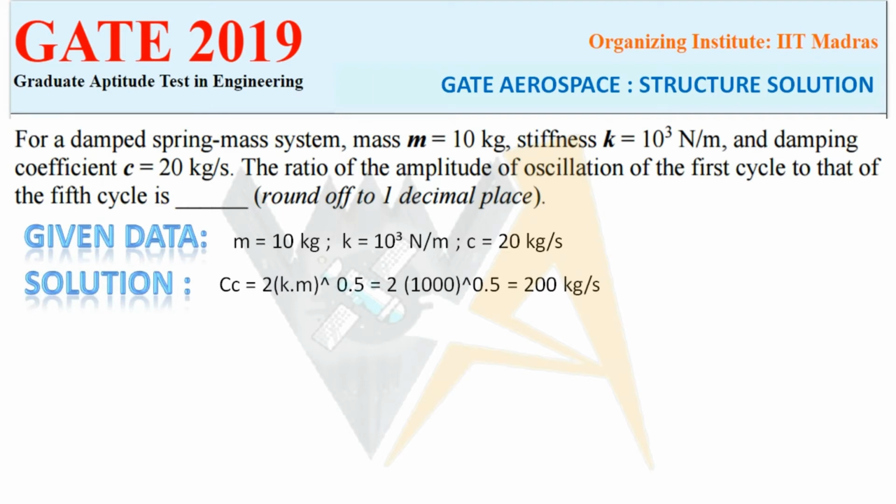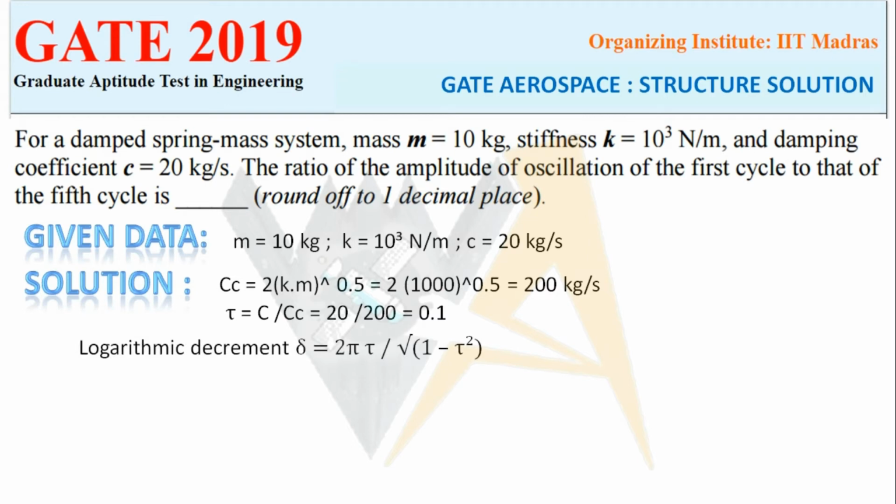First we need to find the critical damping coefficient. We can find it using the formula 2 root over k into m. So we substitute the values of k and m, and we get 200 kg per second. After that, substituting the values in the damping ratio, zeta equals C by C suffix C, we get the damping ratio as 0.1.